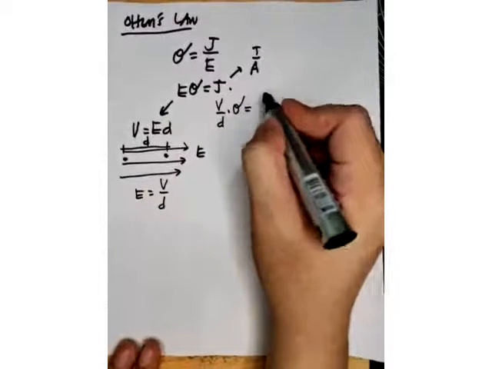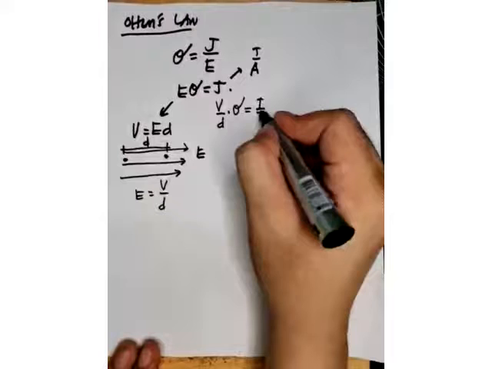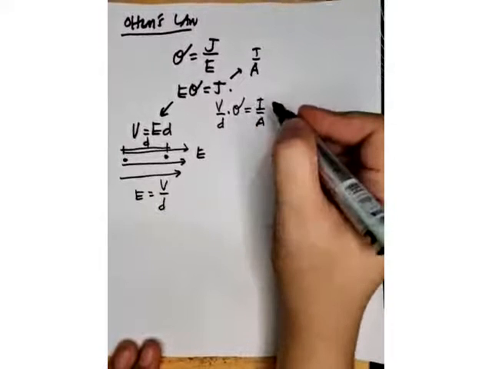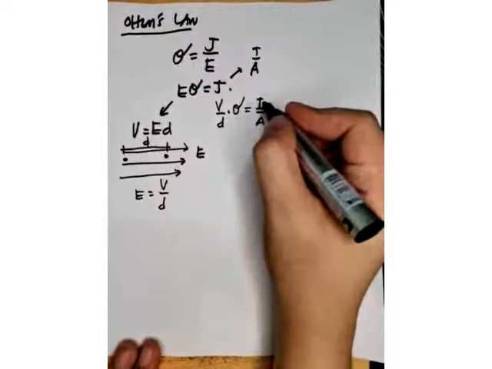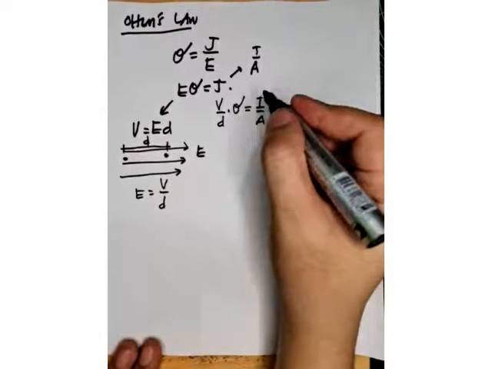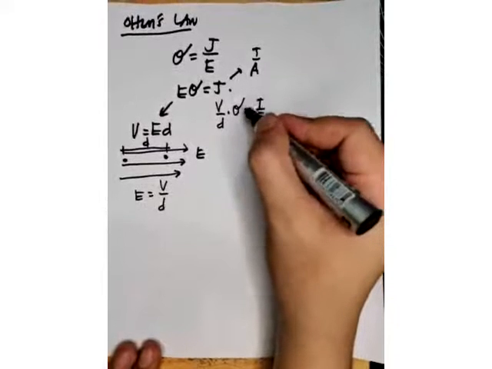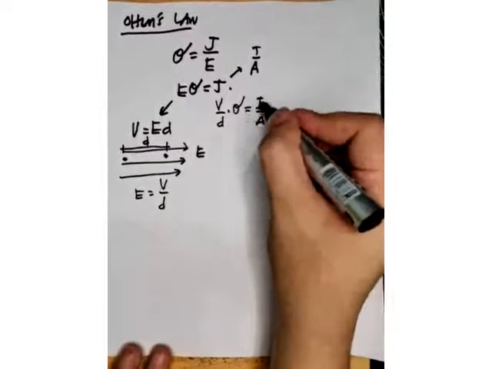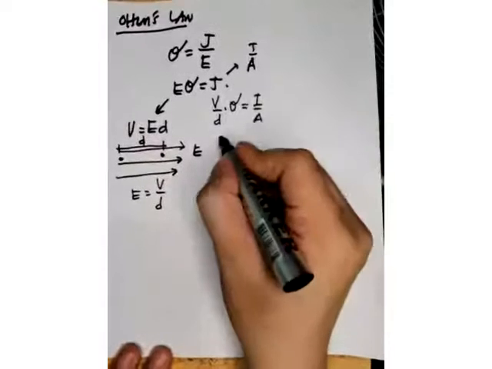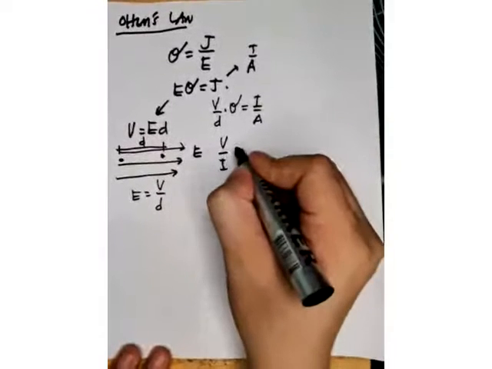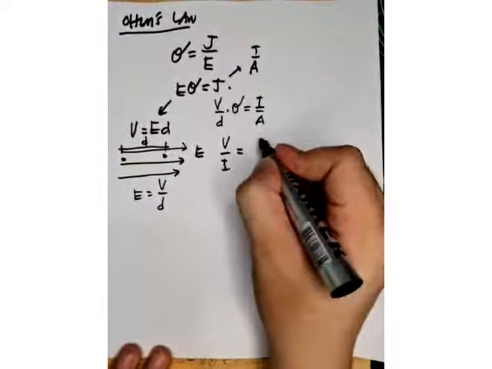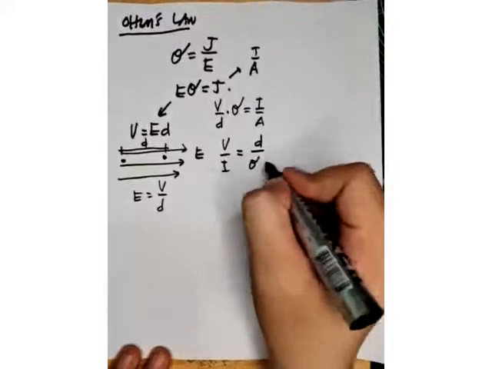Cross-multiply natin yung I at saka yan. Okay, tama. So, yung V over I ay equal sa D over conductivity times A. Pero ano yung ating conductivity?